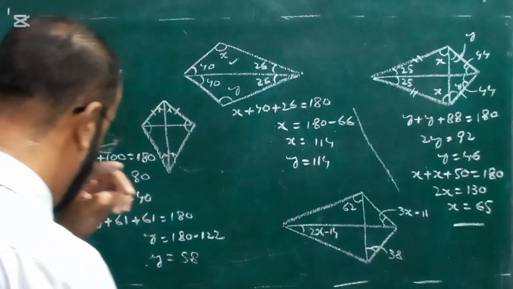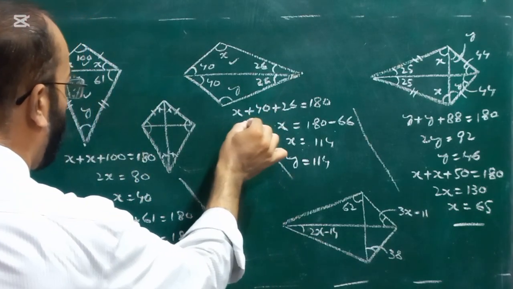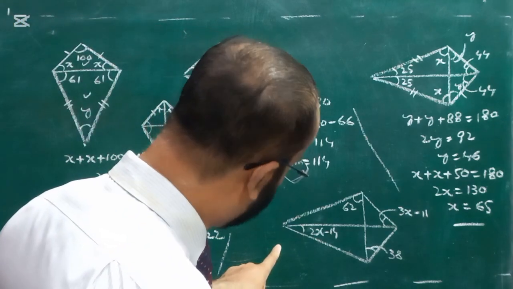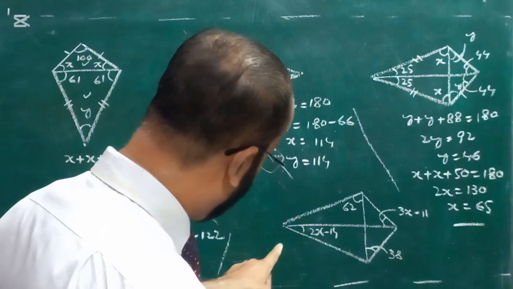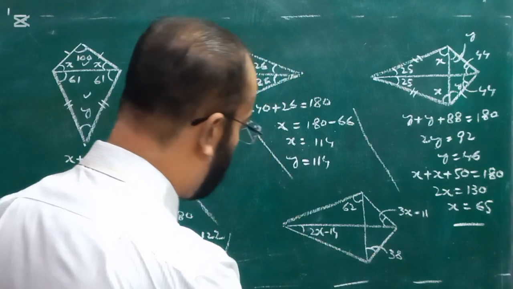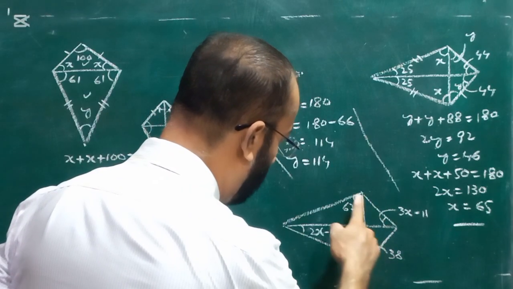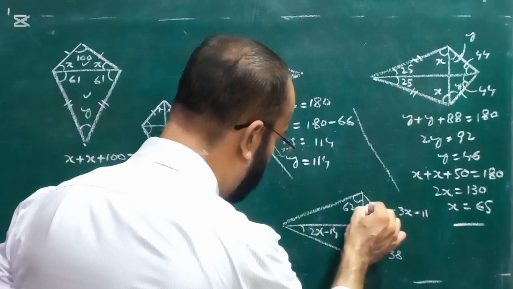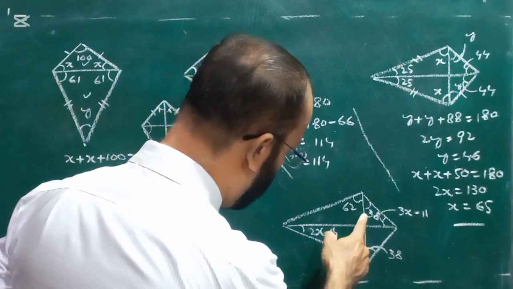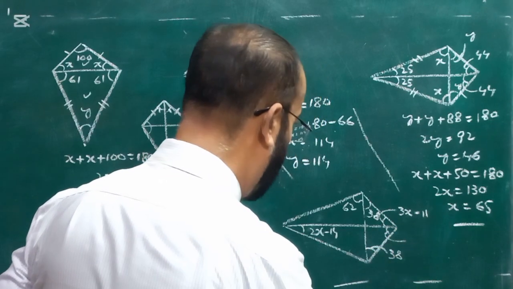Now this is left. So look now, in this figure, if this is 38, so again look at the figure. This is the triangle I'm talking about. This is 38, so this will also be 38. So 38 plus 38, and this will also be 3x minus 11.